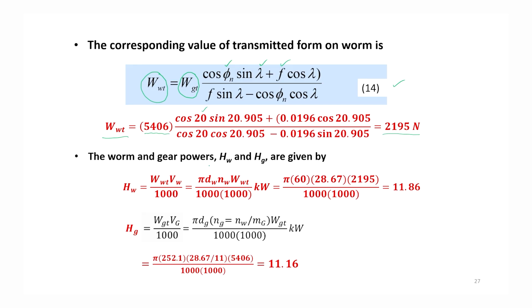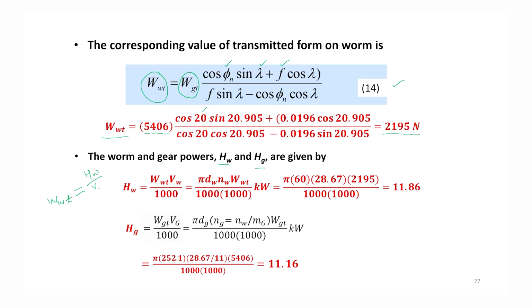The worm and gear powers HW and HG are given by HW is equal to transmitted load on the worm multiplied by VW divided by 1000. That means the transmitted load on the worm WT is equal to the power on the worm divided by pitch line velocity of the worm.